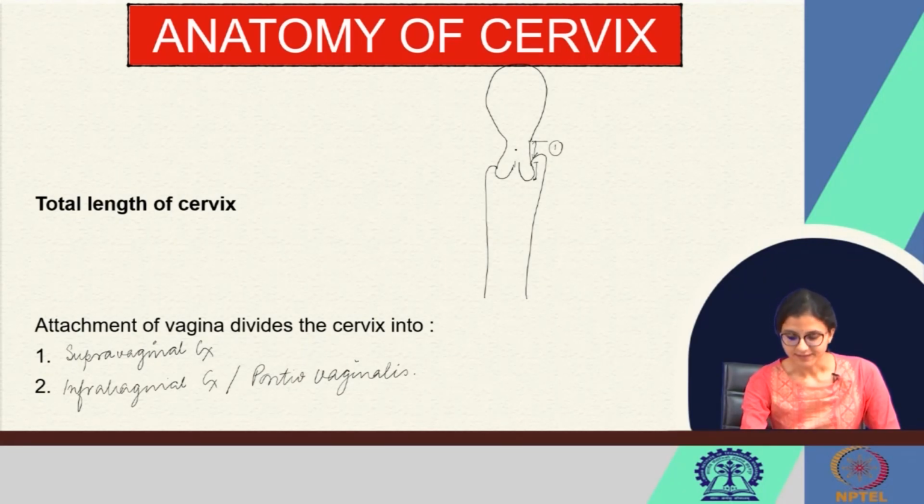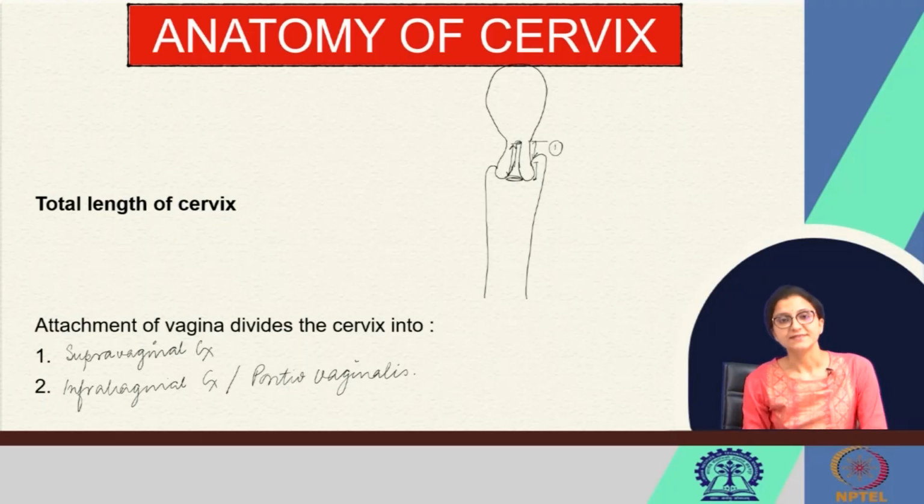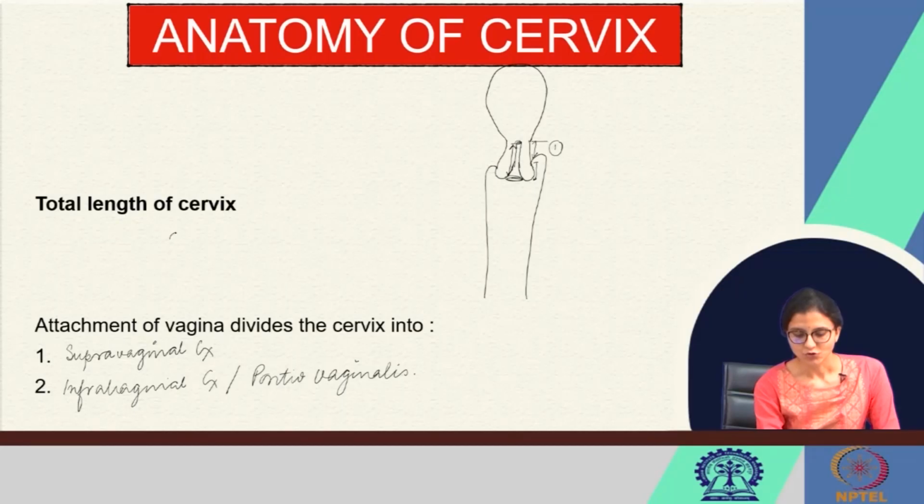Coming to the length of the cervix. This is the internal os, this is the external os. The length of the cervix varies. It comes as a range between 2.5 to 4 centimeters.